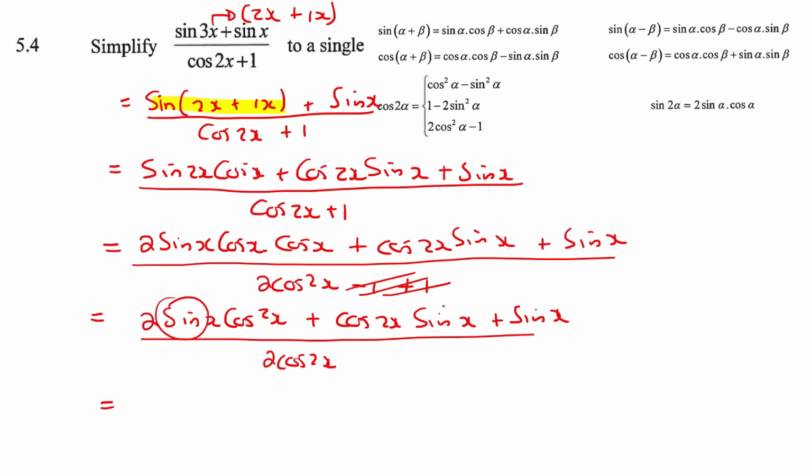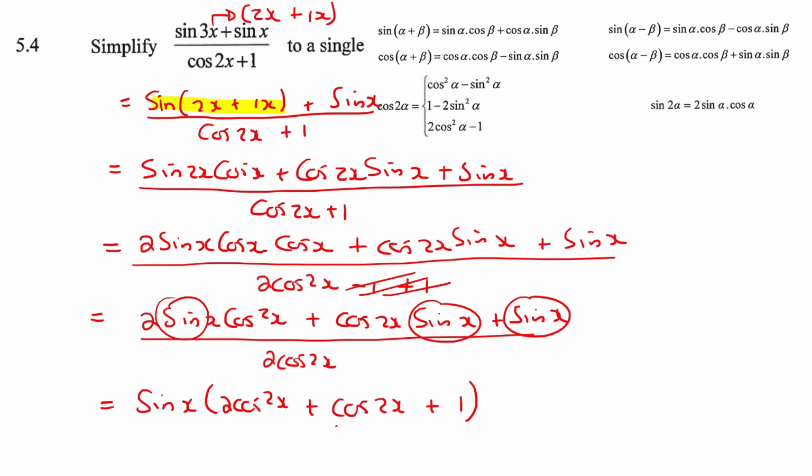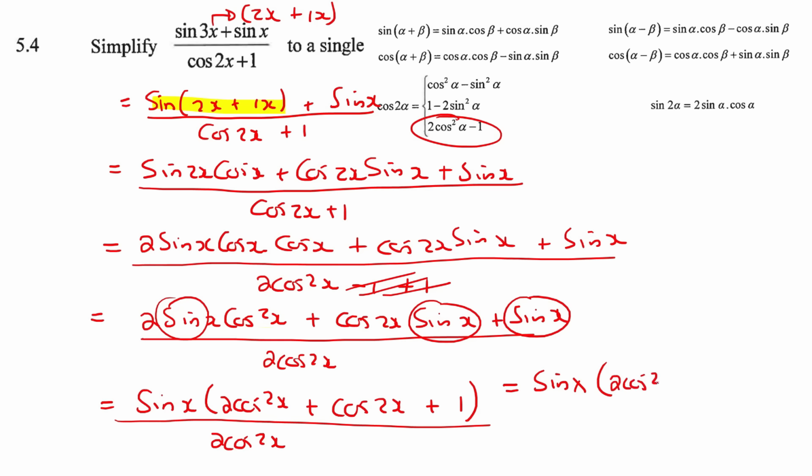So we're going to take out a sin, and then you're left with 2 cos squared x plus cos 2x plus 1 over 2 cos squared x. Now, I would change this cos 2x to try get rid of this plus 1. So we need a minus 1. So I would use this one again. And so 2 cos squared x plus, now we're going to change it to 2 cos squared x minus 1. And then there's a plus 1 over here.